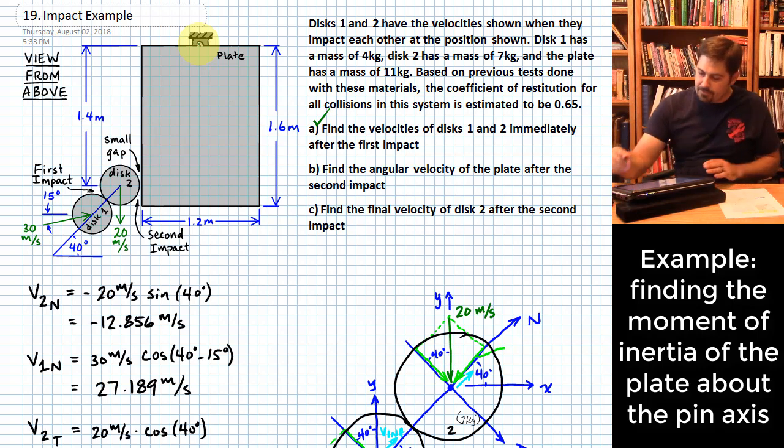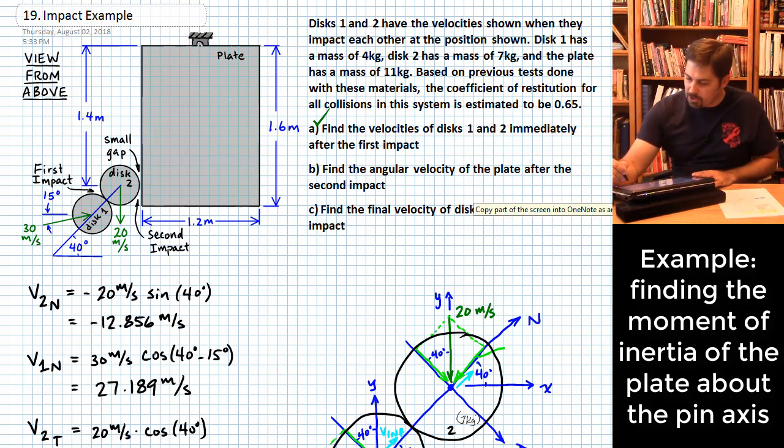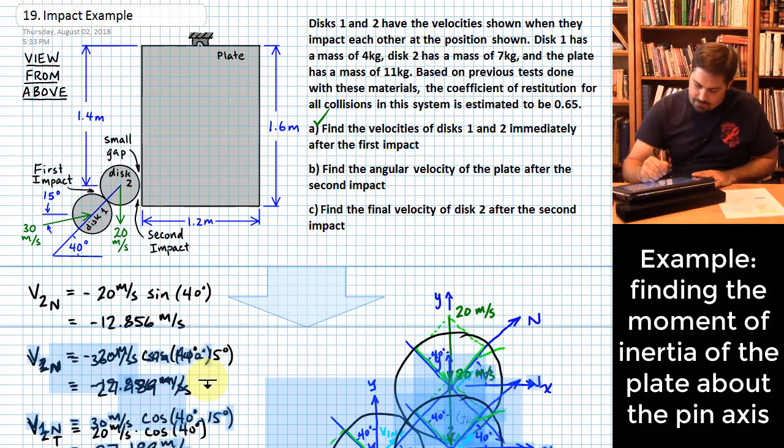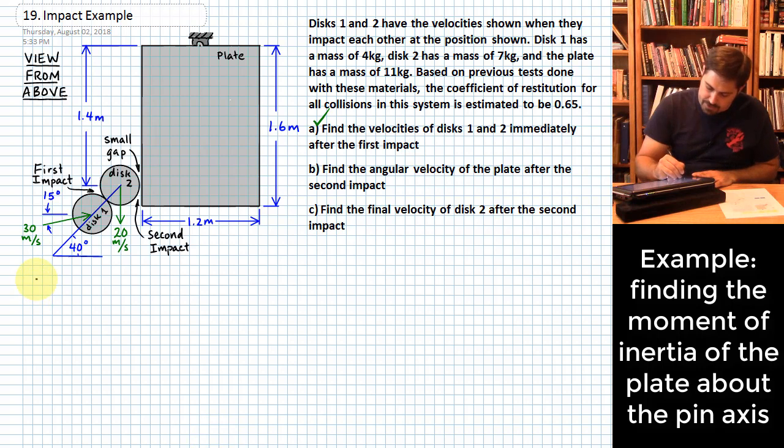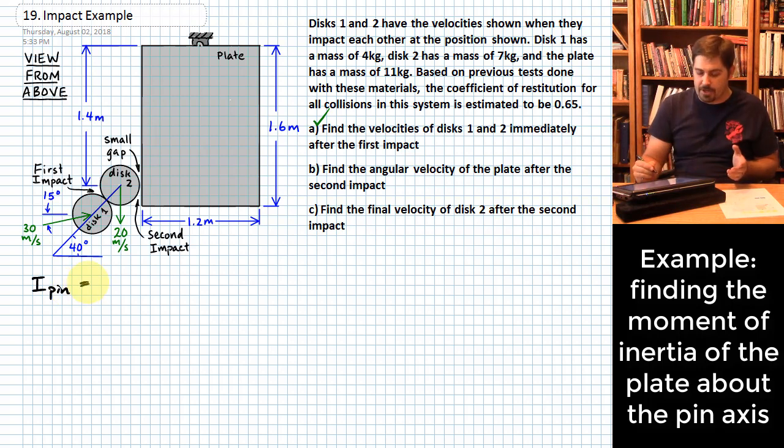And so instead of having to bog down in the middle of the rest of my process, let me go ahead and find that I value right here and just say the I about the pin for the plate is going to be, and I'll go ahead and make this calculation.